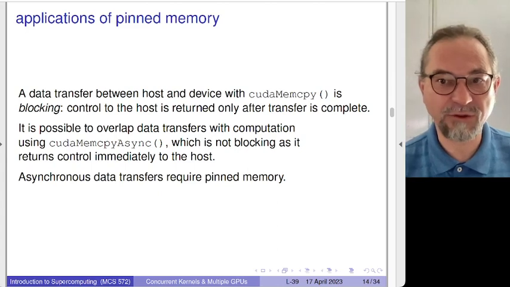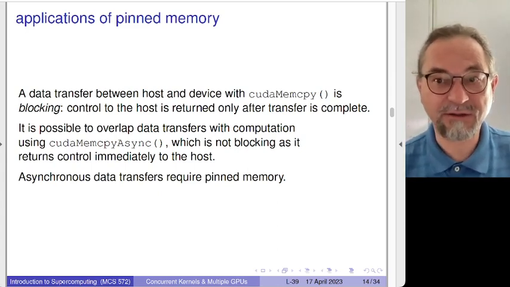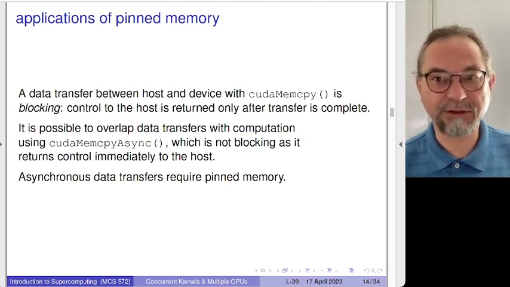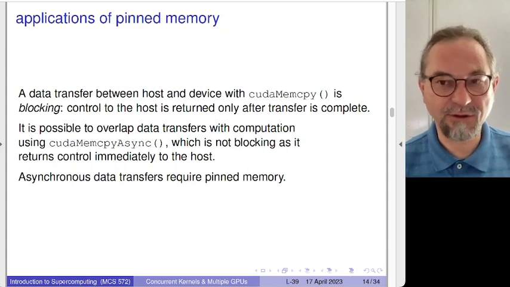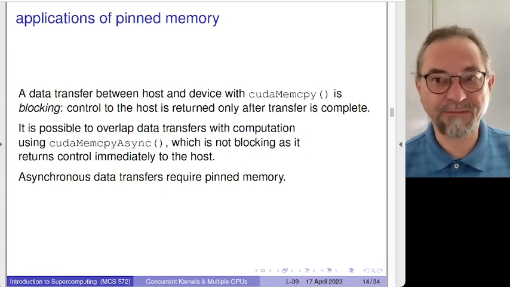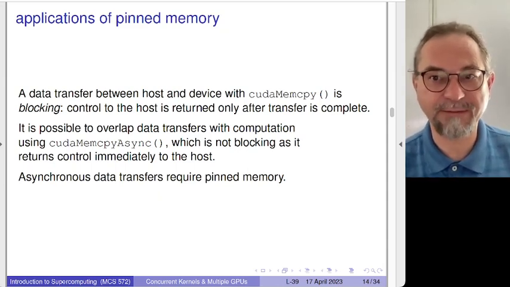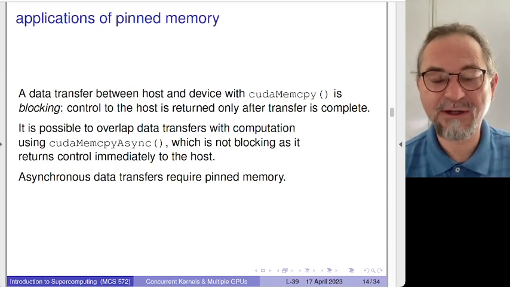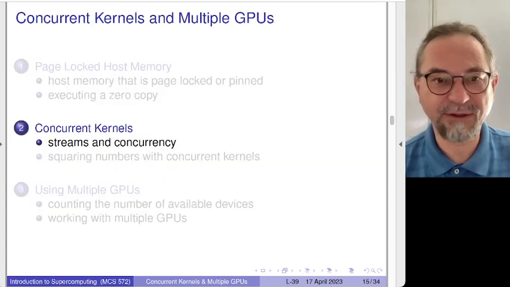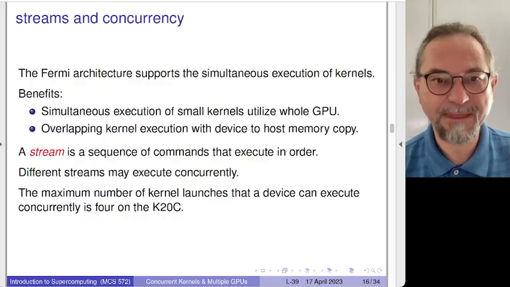Data transfers between host and device are often the bottleneck for GPU computing. But you can alleviate these bottlenecks if you can chunk up your data and start processing some of the chunks already. So in some sense, this is another example of pipelining, a topic that we have seen also earlier.